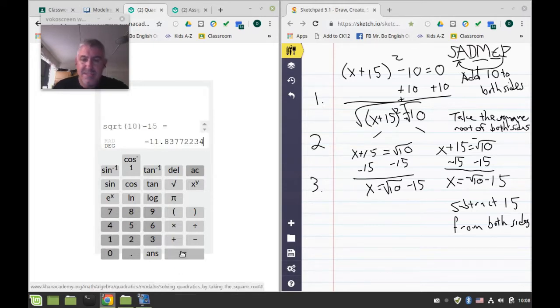And it wants that number to 2 decimal places. So negative 11.8. And then the next number is 37, which we're going to round up to 4. Okay?